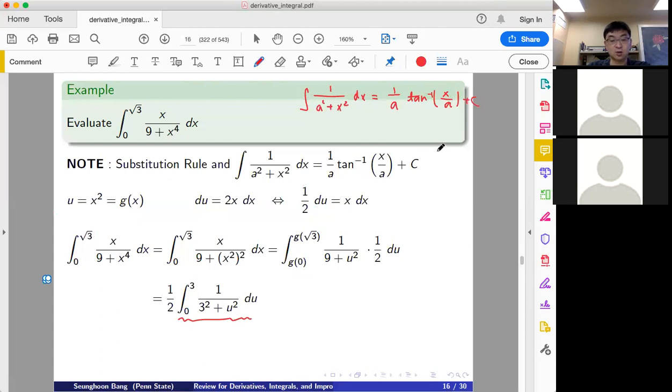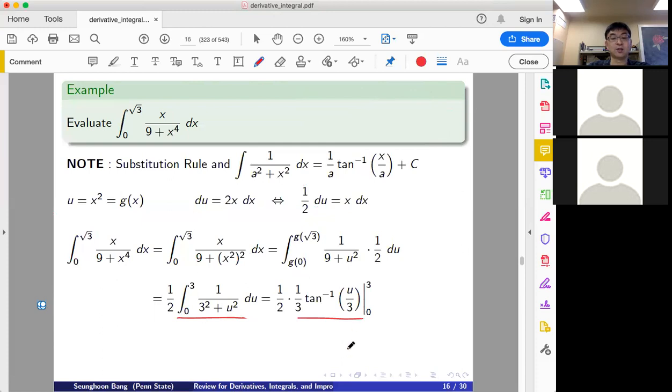So we have the next one. You can keep 1 over 2. This integral is exactly the same as 1/3 inverse tangent of u over 3. Plug 3 into this one, and plug 0 into here, so we have it.